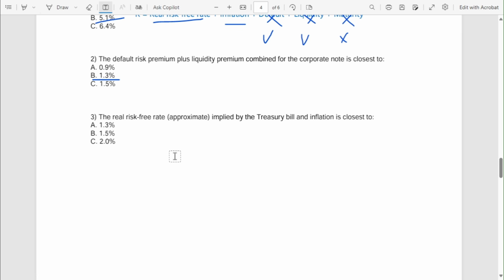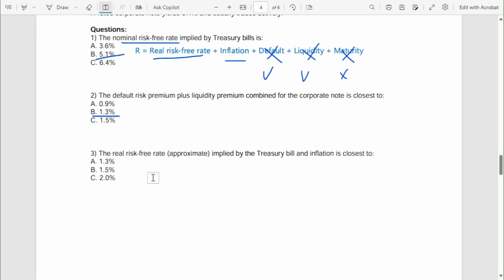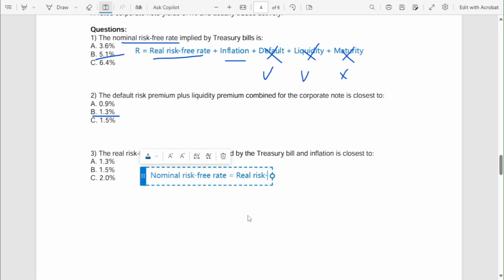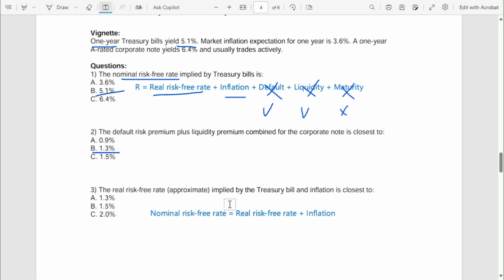Third question. The real risk-free rate approximately implied by the treasury bill and inflation is closest to. Okay, remember the formula. Nominal risk-free rate equals real risk-free rate plus inflation. In this case, we are going to find the real risk-free rate.